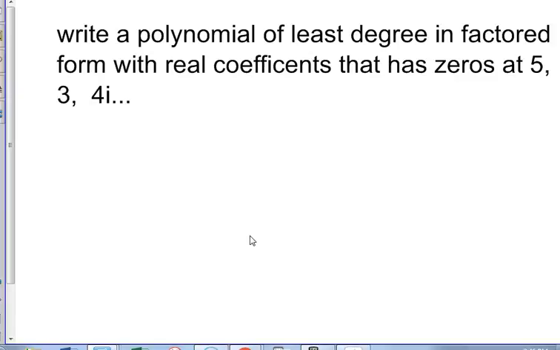Yeah. The trick is that we need to be careful that there's real coefficients at the end. It can be factored, but what would some of the factors be? Okay, it's going to have a 0 at negative 4i as well. What about the factors?